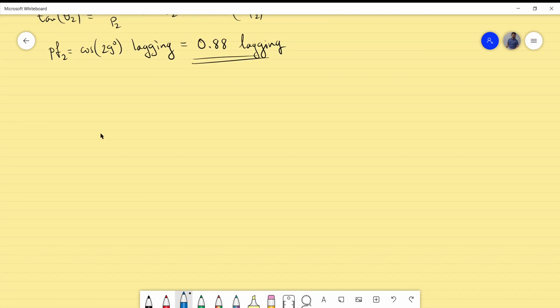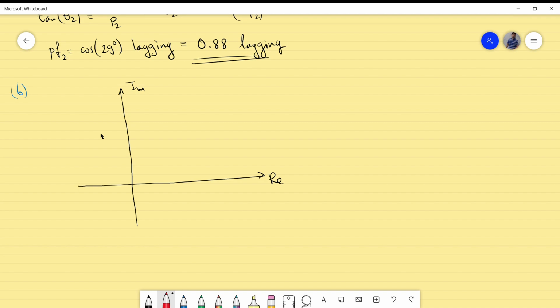Okay, question B. So what do I have? I have again the power diagram. Let's draw this. We'll make the situation also clear. So what did I have?